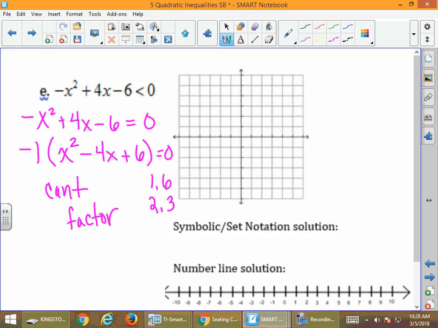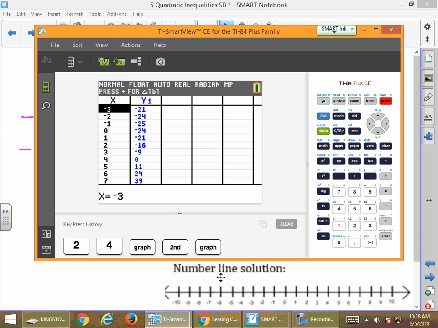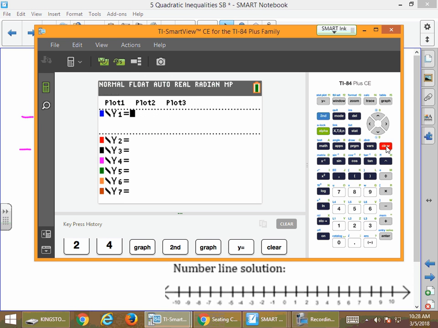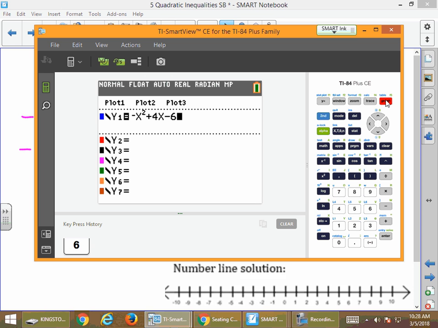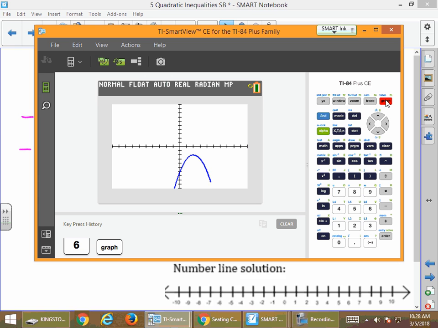And this is when it's probably more helpful to have the graphing calculator. So we're going to take out our calculator. We're going to go back to y equals, clear that out, and type in our function. -x² plus 4x minus 6. And look at our picture here. We at least can get some values.